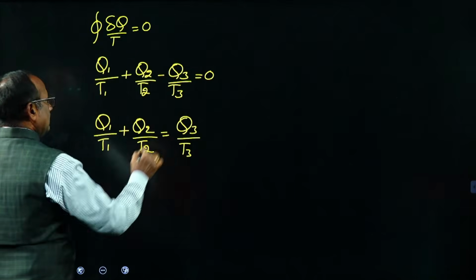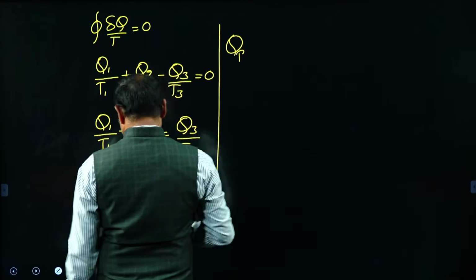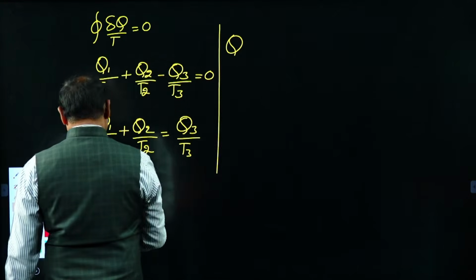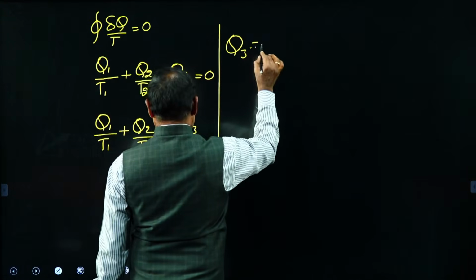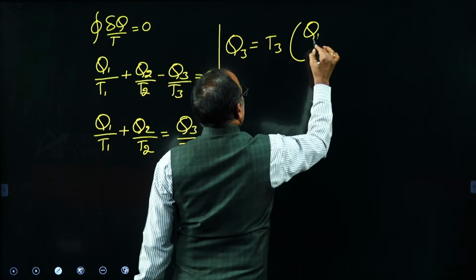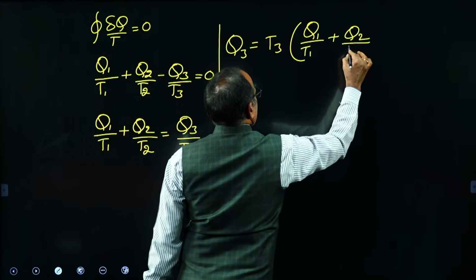So Q3, the amount of heat rejection, equals T3 into (Q1 by T1 plus Q2 by T2).